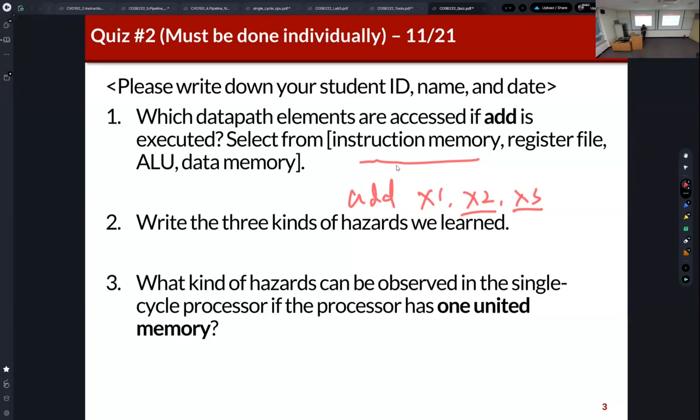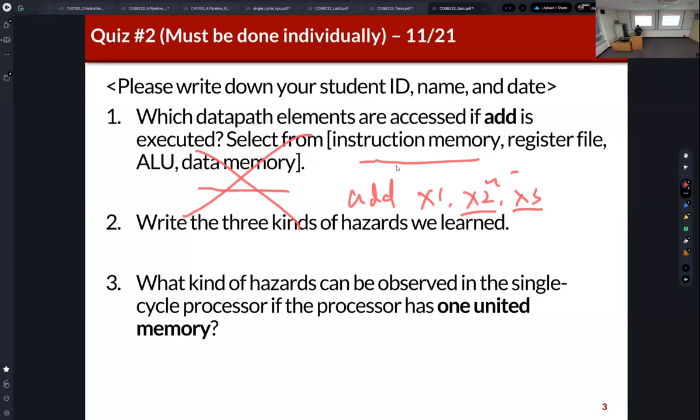And then the ALU is accessed, but data memory is not used, right? So add requires instruction memory, register file, and ALU access.